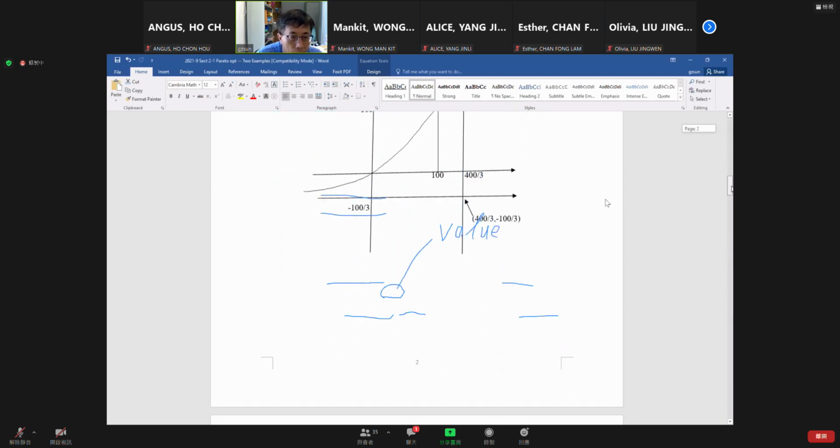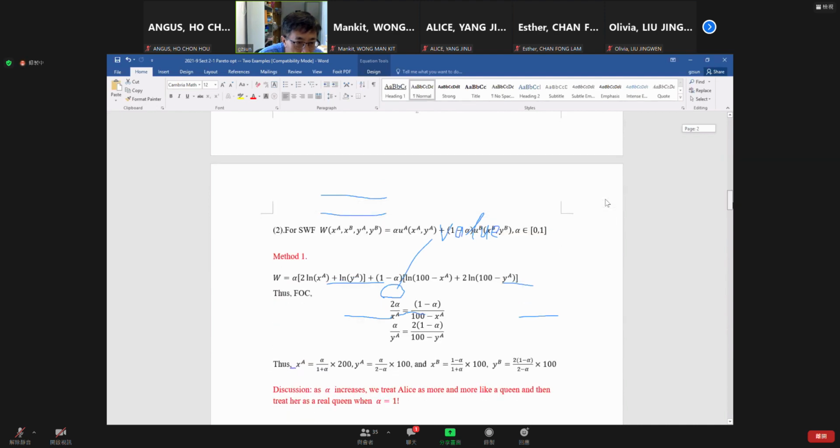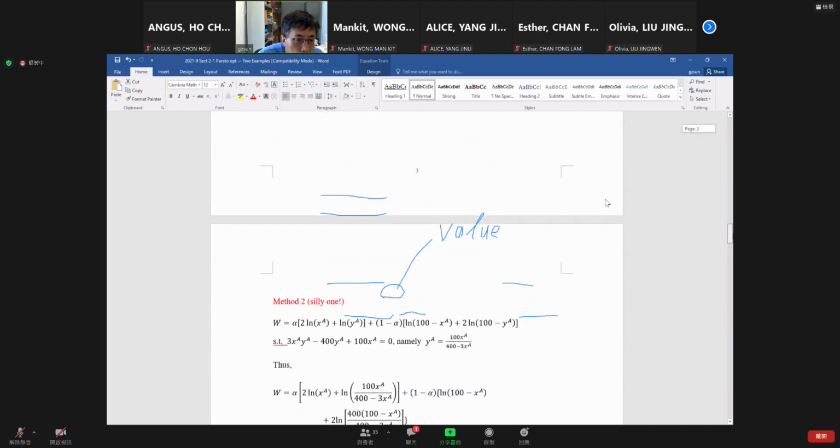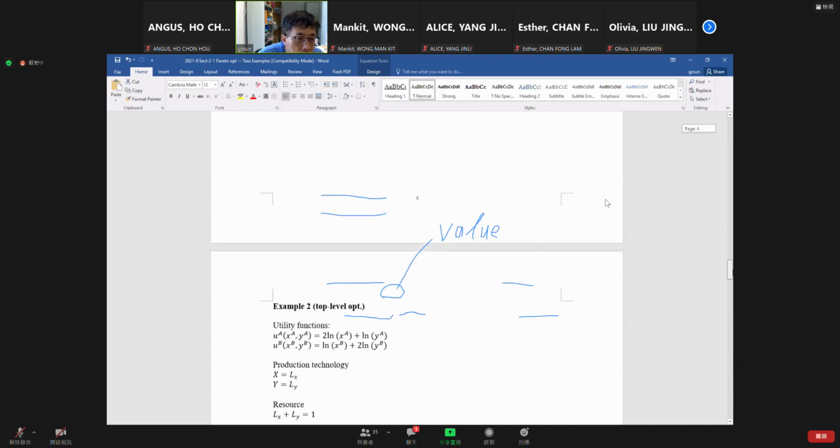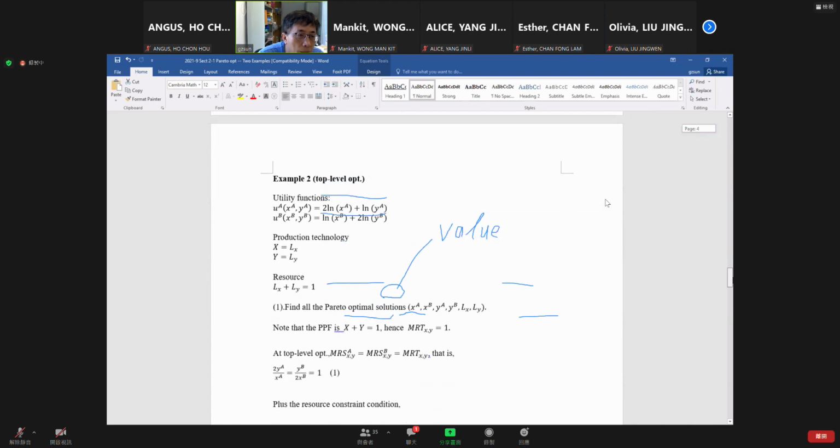Don't worry about the marks I just produced. And another example is example 2. This is the top level. We still have the same persons, Alice and Bob, but we introduce production. At the same time, we introduce some resources. We have some labor.